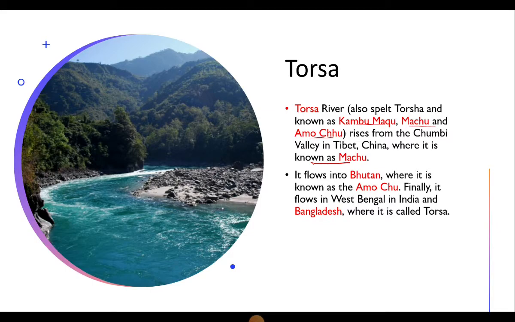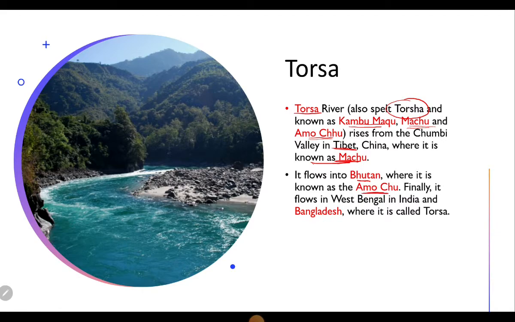It is spelled as Torsha or Torsa, and known as Kambumaku, Machu and Omuchu. It rises in the Chumbi Valley of Tibet, and in China it is known as Machu. It flows in Bhutan, where it is known as Omuchu.